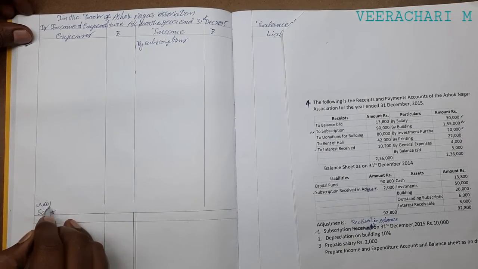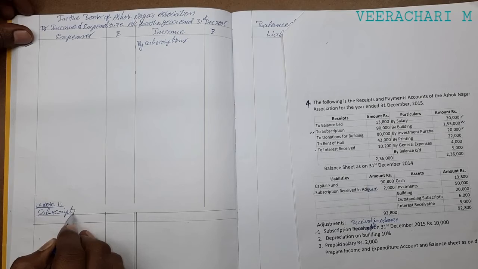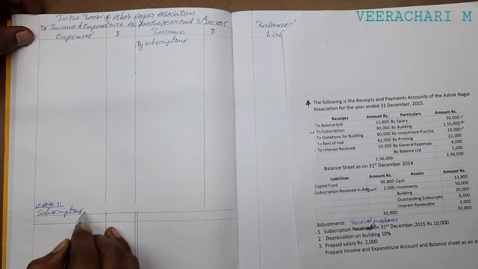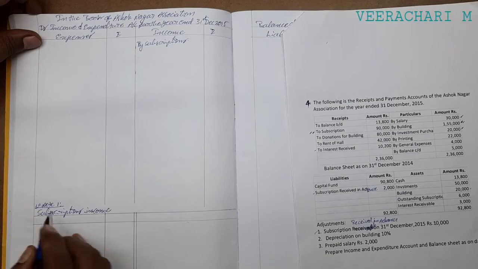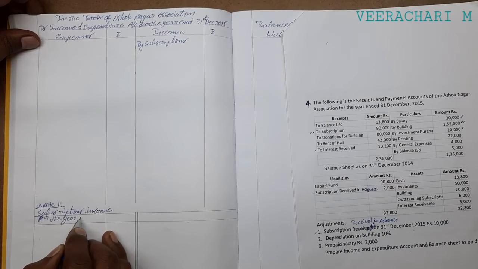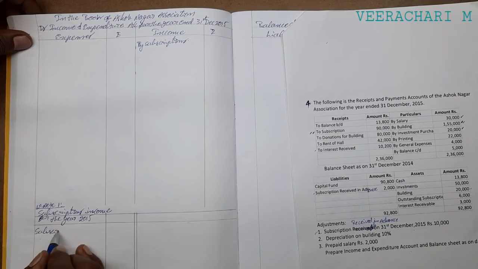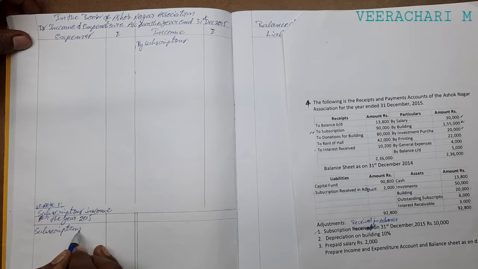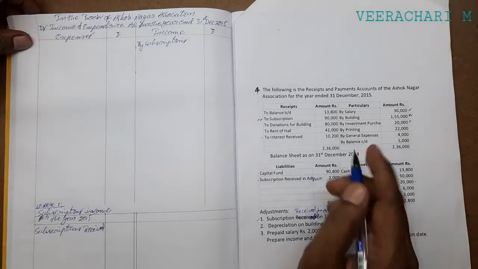Working note 1, subscriptions income for the year 2015. Okay, subscriptions received, that is a subscriptions received amount is 90,000.